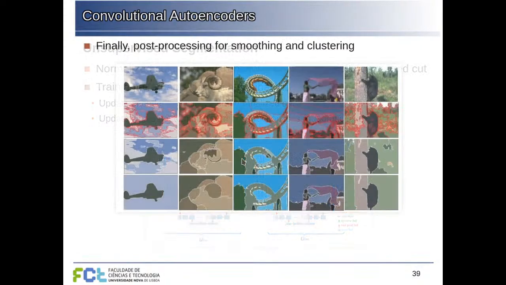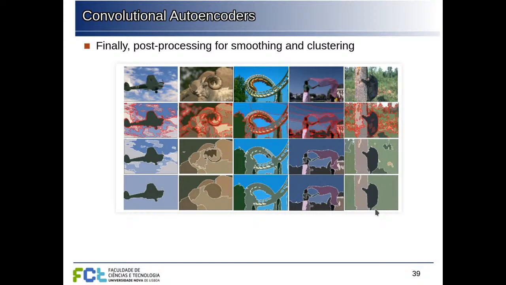And so if we create those weights in a way that captures the different textures and colors and brightness in the image, then we can have the network learn how to segment these images without supervision.